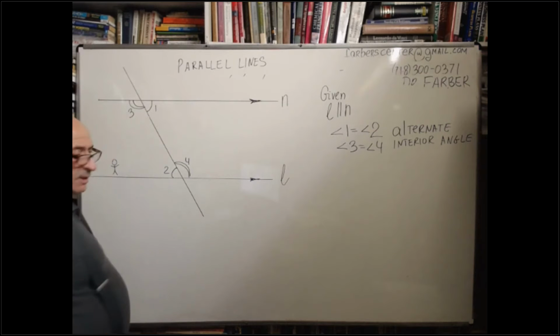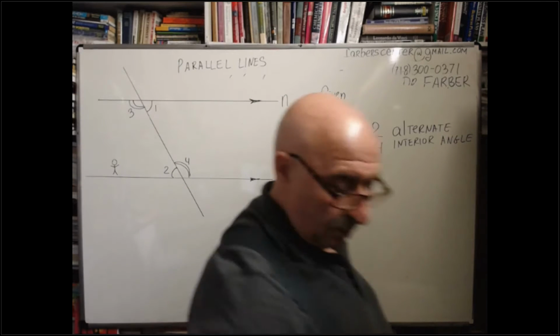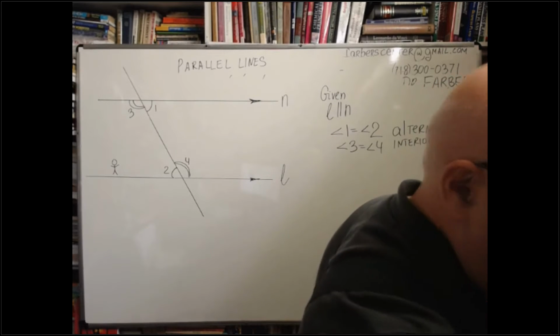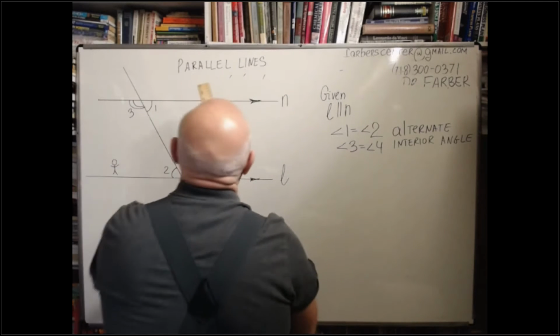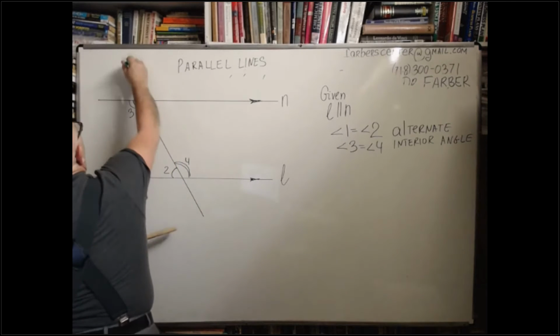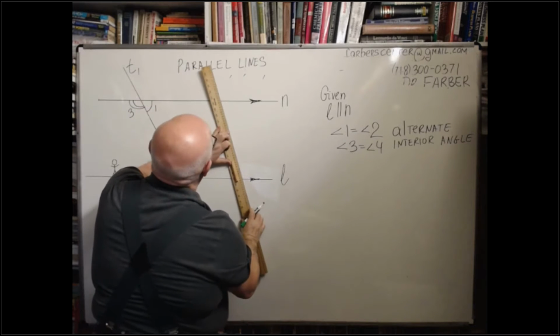let me make another transversal. We have different people with different names, different nice kids in this group. I have another transversal. I make it T1, transversal 1. I make this T2.